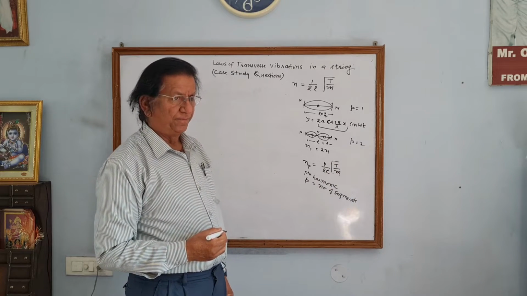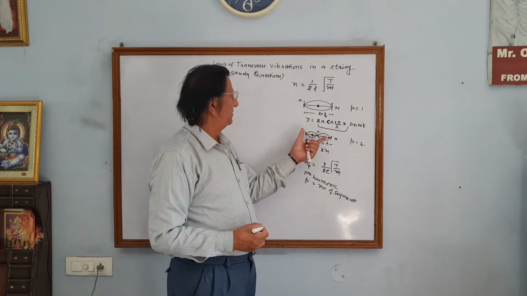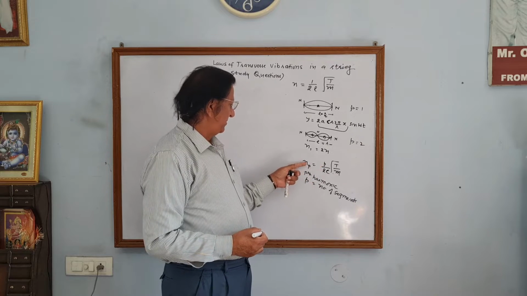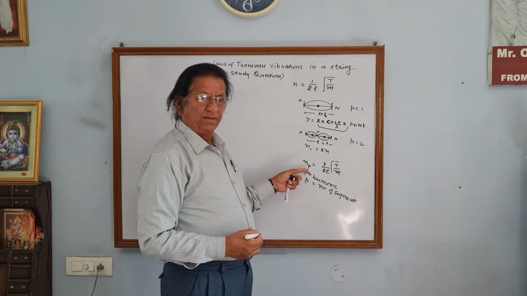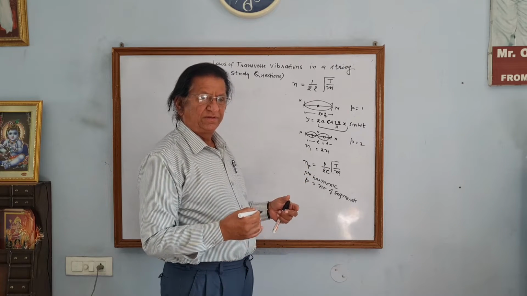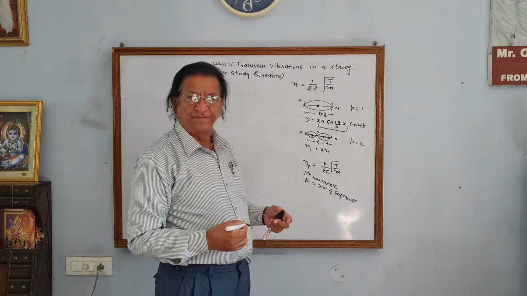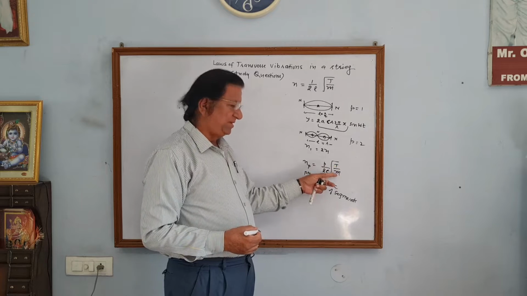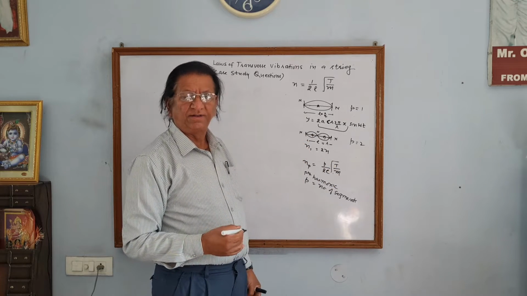Number of segments here 2, here number of segments 1. So p is the number of segments and n is the frequency with which the string is made to oscillate. Length of the string is L, T is the tension, m is mass per unit length.